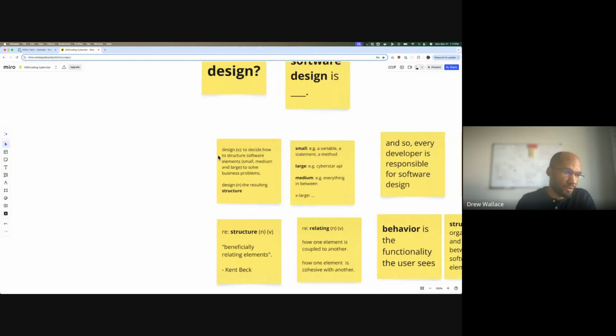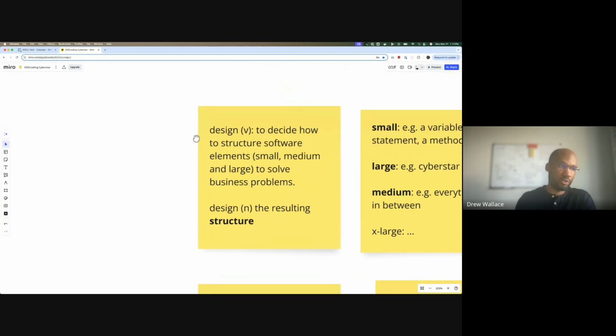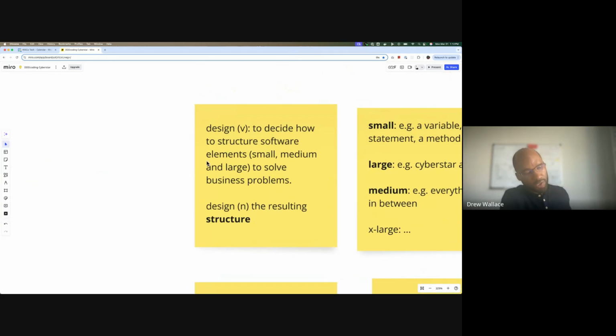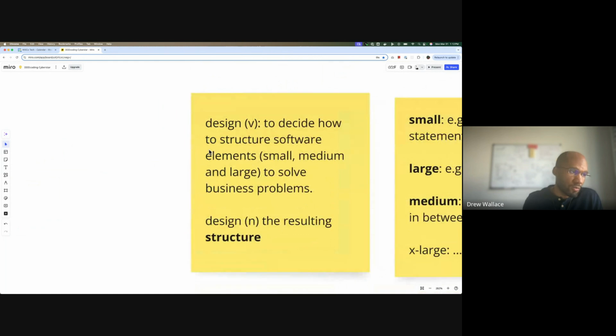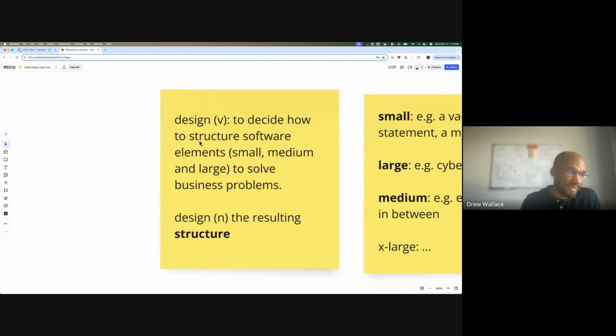So what is design? Here's a definition I'm trying to put in plain terms, based on distilling the information in the book. The action of design is to decide how to structure software elements, small, medium, and large, to solve business problems.